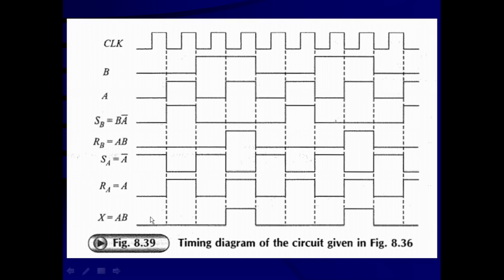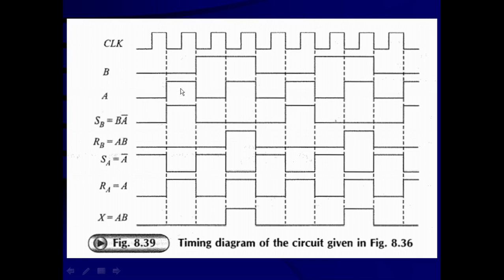Now the waveform for the inputs SB and RB. Here the equation is mistaken. SB is equal to AB bar, not BA bar. So there is a mistake or misprint here. SB is equal to AB bar. The waveform is correct. A, B bar. A is 0, B bar is 1, so the output is 0.